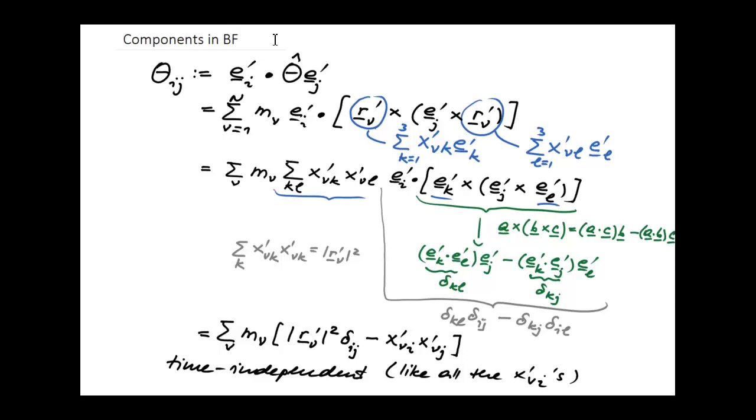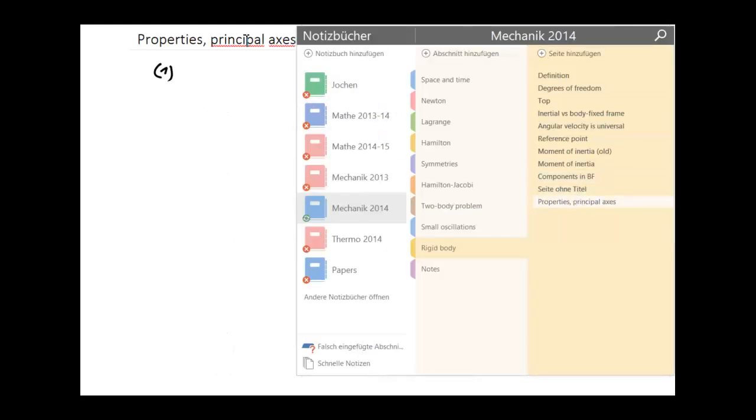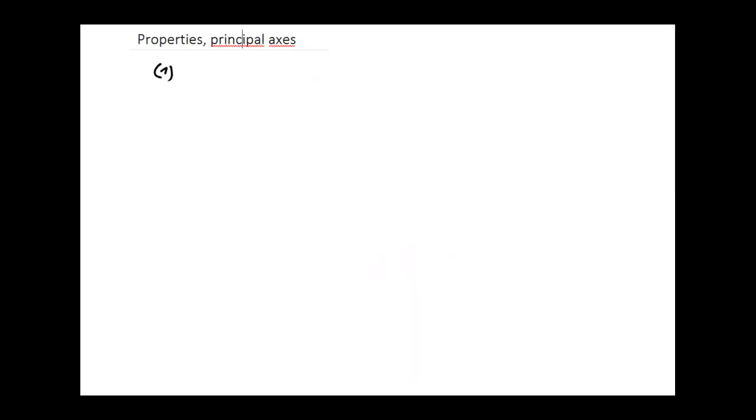The first contribution is proportional to a Kronecker delta, delta ij. That's obviously symmetric in i and j. And the second is a product of the ith and the jth component, and that's also symmetric. So a first basic property of the moment of inertia is that it is symmetric.